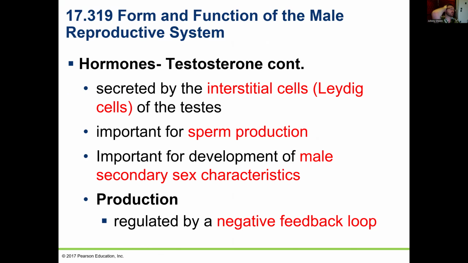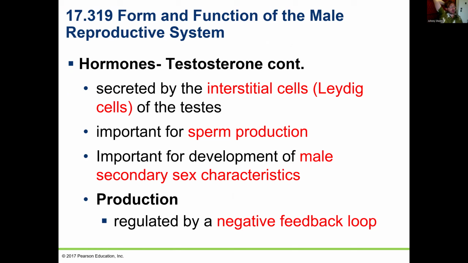Now, hormones, testosterone. Testosterone is secreted by the interstitial cells, the Leydig cells of the testes. It's super important for sperm development and production, and it's very important for the development of male secondary sex characteristics, things like large height, facial hair, thicker musculature, thicker bone structure, the external appearance of the genitalia, things like that.